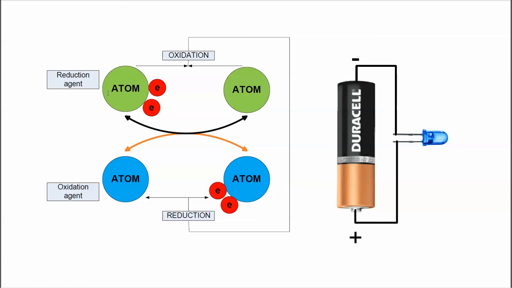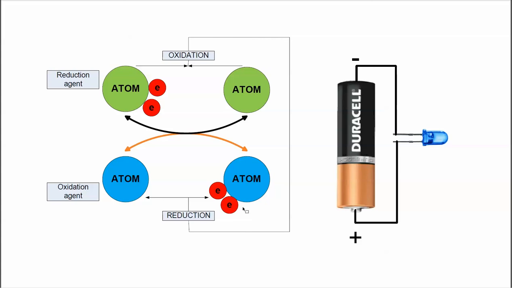And this molecule, atom or ion, which oxidizes and loses electrons, we call the reduction agent. It's a little bit confusing because we have the oxidation and reduction on the same side. But this is the reduction agent, and in the process of oxidation it loses electrons.